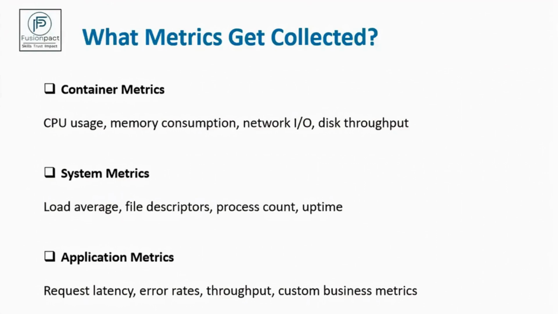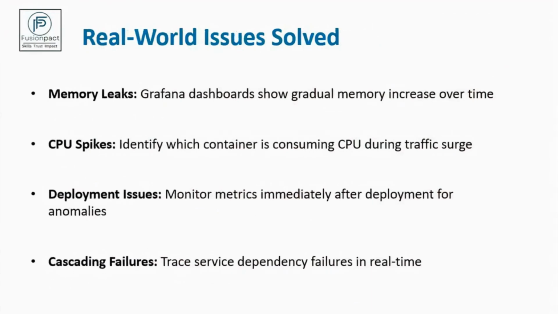It can also collect data from the application such as request latency, how many error status codes are occurring, then the custom business metrics which we can build in the application itself using the Prometheus client.